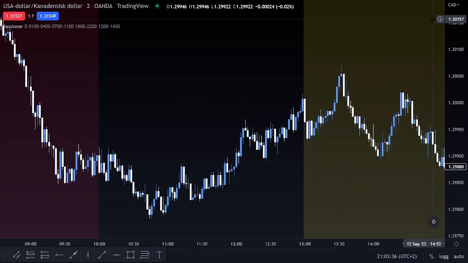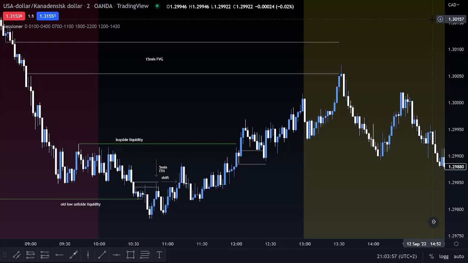Okay, so we're looking at a 2-minute chart here on the USD CAD, and I want to go a little bit more into detail on why I took these positions and the logic behind them. So we have a few lines here. We know that we are hunting for reversals.